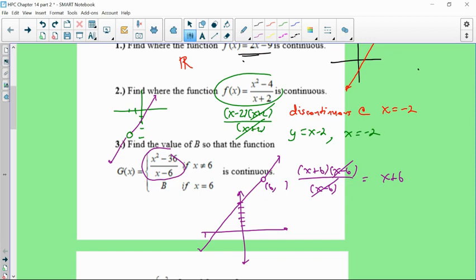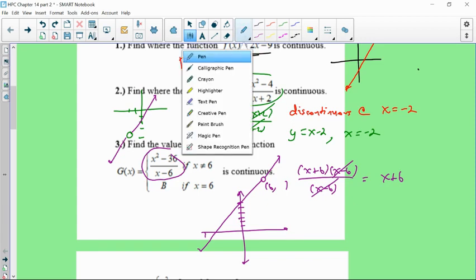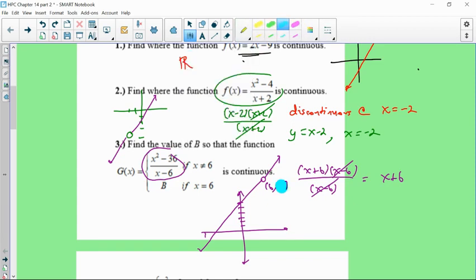And, if you remember from last semester, we can actually find that y value. We can find what that y value should be by simply taking 6, that factor we crossed out, and putting it into the reduced equation. So if I put that into the reduced equation, 6 plus 6, oh, that's 12. That's the y value.